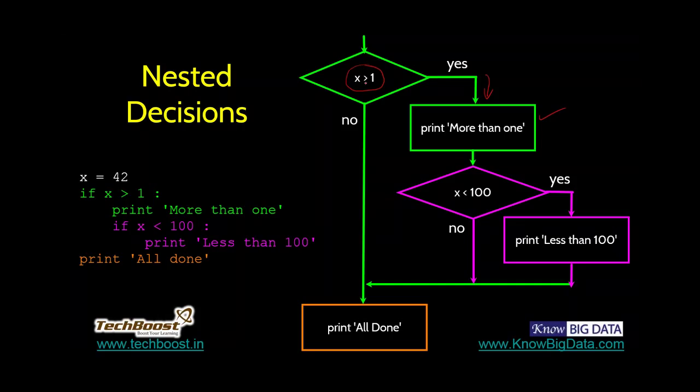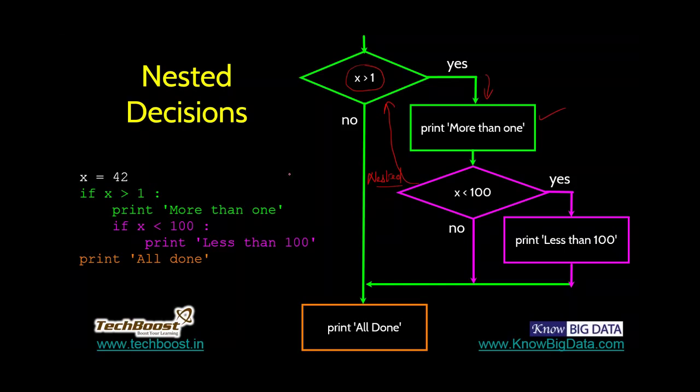That is, if x is greater than 1, we're trying to print this. But we have another condition on this way. That means we are already under one condition, and we're trying to put another condition. So this condition comes under this condition, and that is when we call it a nested condition.